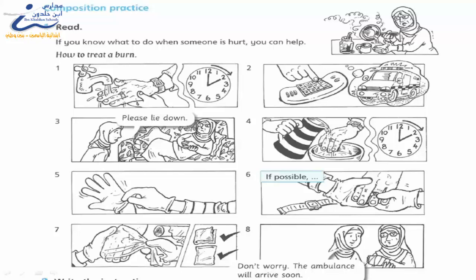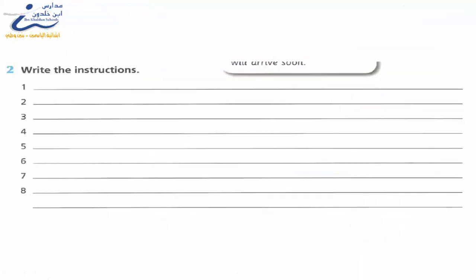Number 7, she's putting some bandage on the burn, and in the last picture she says, don't worry, the ambulance will arrive soon. So with the help of the 8 pictures, you are going to write instructions in the next exercise. Let's see. Write the instructions.